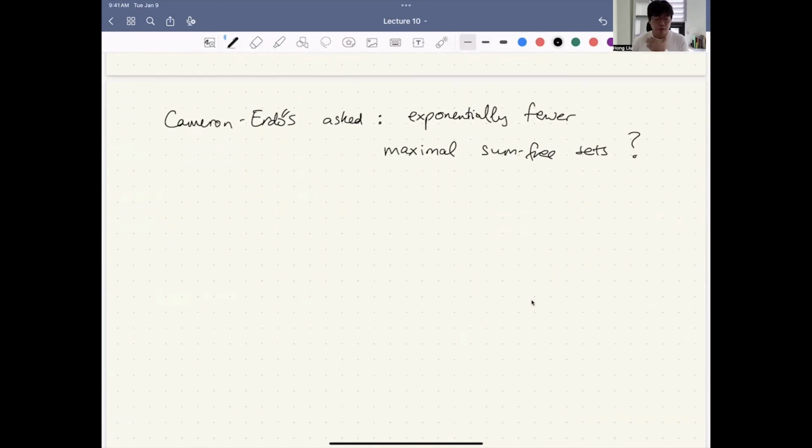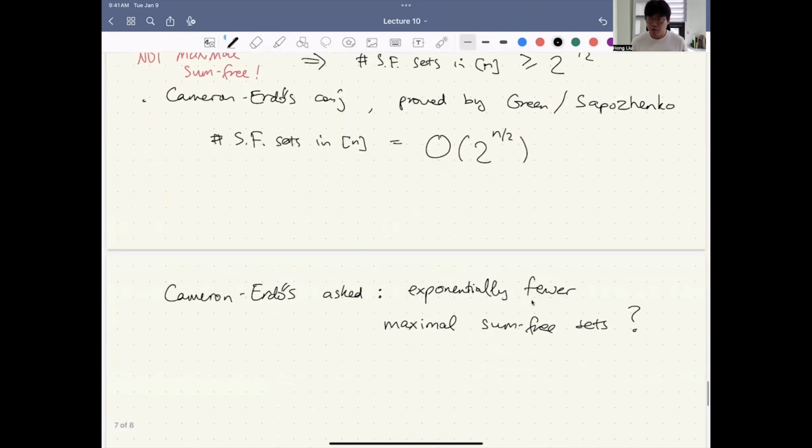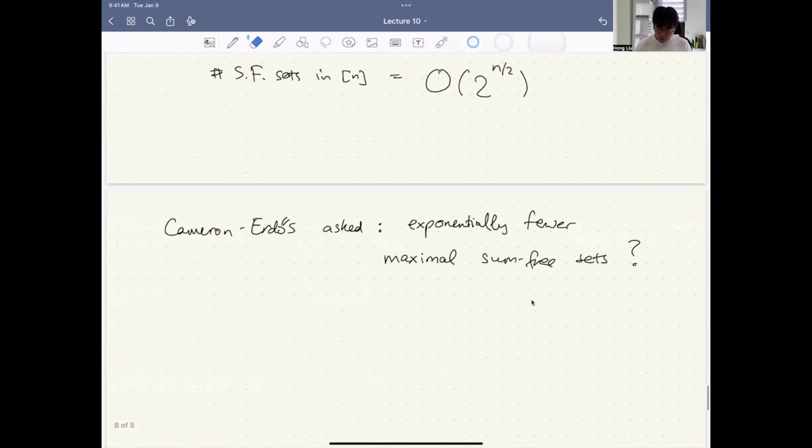This was answered positively by, so before doing that, let me first, yeah. So this is a positive answer by Wojciech and Schoen.